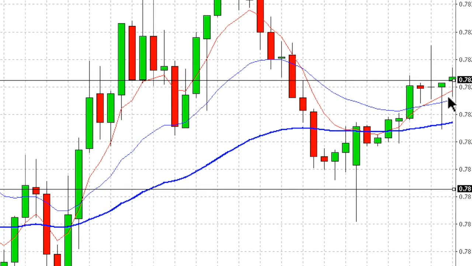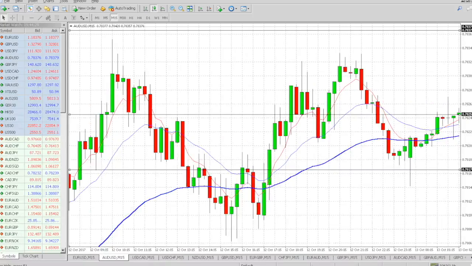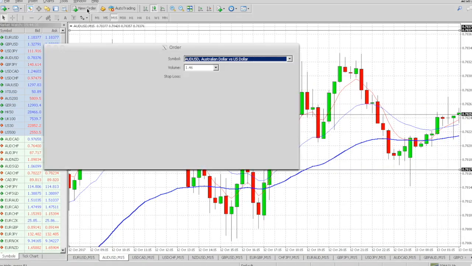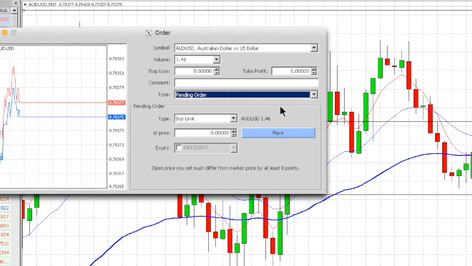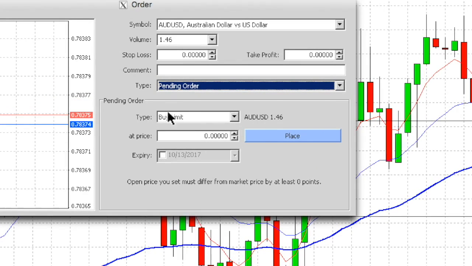So if the price has moved above my intended entry price, remember, I do not use a buy stop order anymore. A buy stop order means you want to buy higher than the current price. But if it's already moved above my intended price, I want to only buy when it comes back down. So I use a buy limit order. I'll go to pending order and use a buy limit instead.